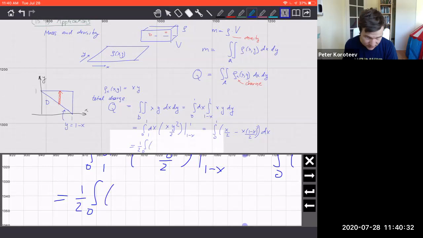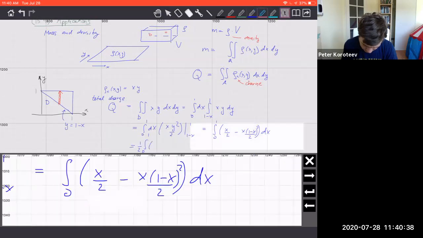And here, without the half, it will be equal to x minus x plus 2x squared minus x cubed. That disappears.